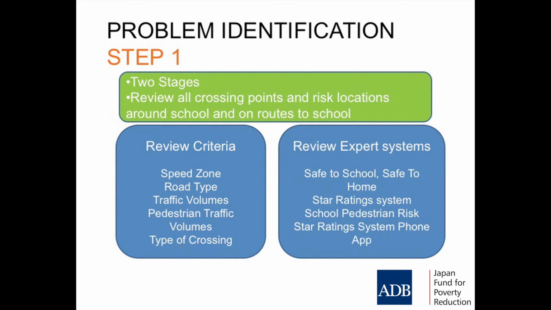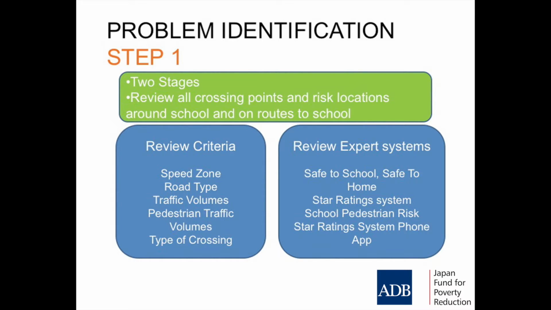Is there a road crossing? Is there a zebra crossing? Is there a school supervisor? Are there traffic lights? Or is there none? All of those items are the criteria which you would use looking at each of the crossing points around the school to measure their safety.